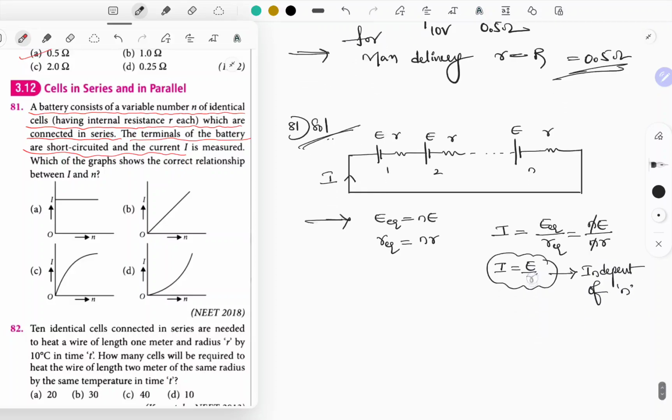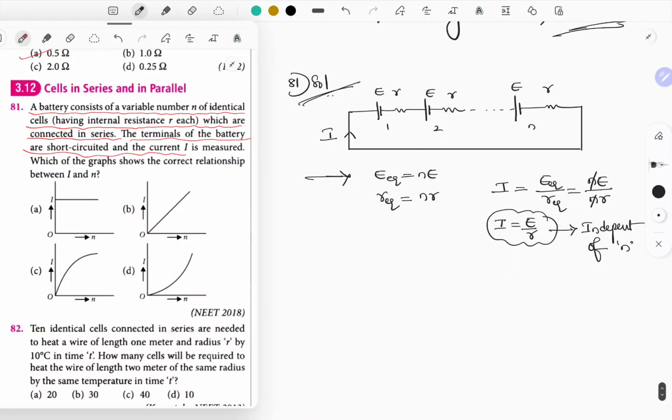It means whatever the number of cells which are connected in series, it does not matter, because current is independent of the number of cells. If it is independent of the number of cells, then I am going to get a straight line. Just observe here.